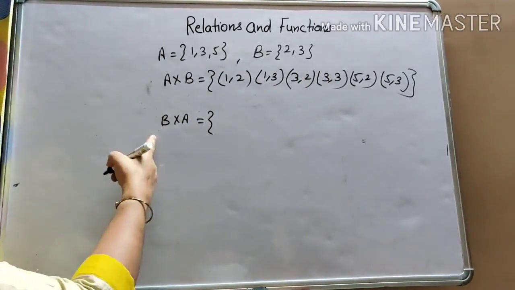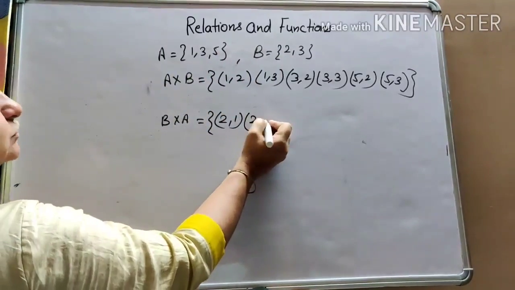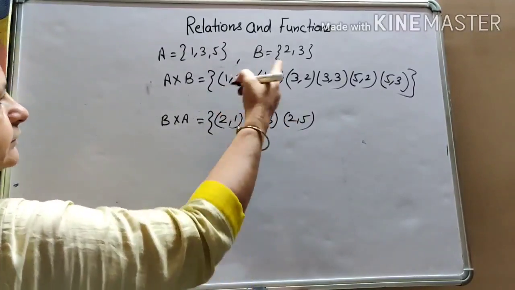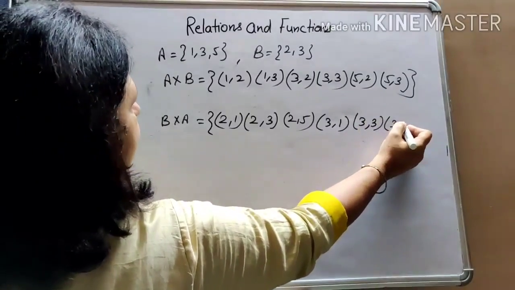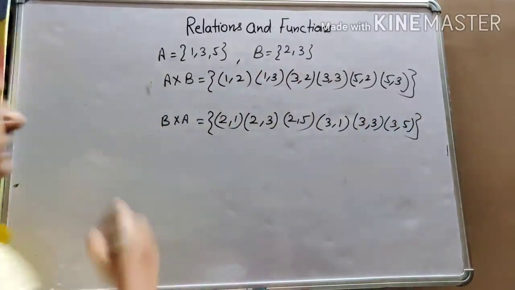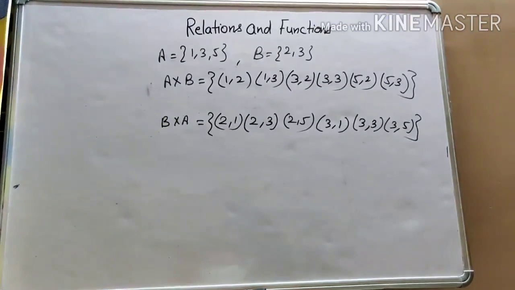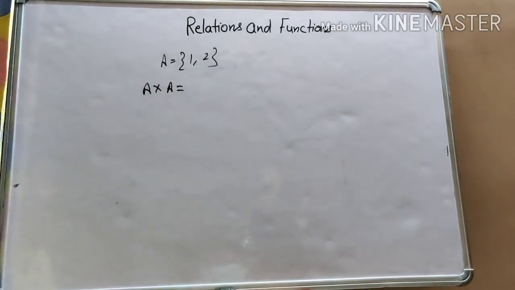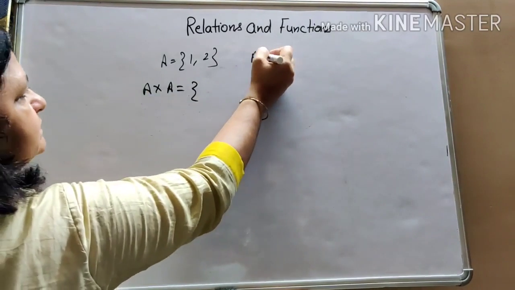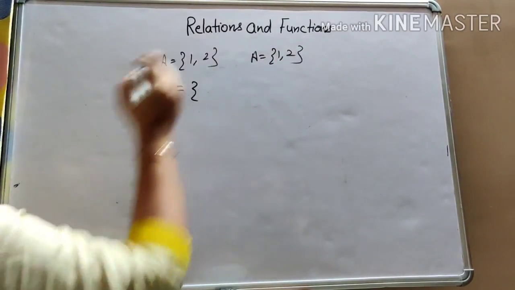Similarly, we can write the Cartesian product of B and A. The pairs will be (2, 1), (2, 3), (2, 5), (3, 1), (3, 3), (3, 5). So this is the Cartesian product of B and A. And if set A is given and we have to find the Cartesian product of A with A, we can write set A with elements 1 and 2.